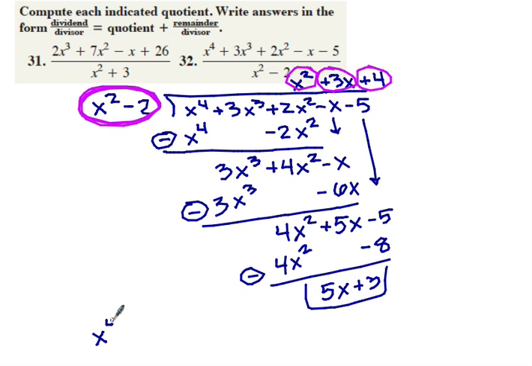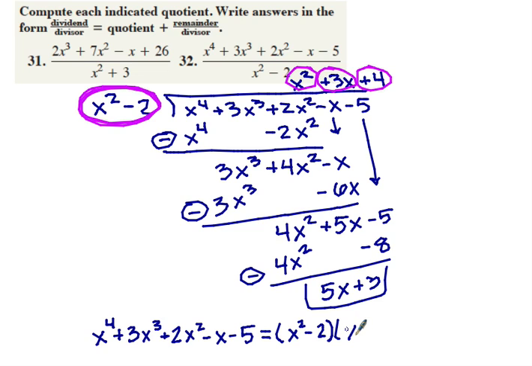So x to the 4th plus 3x cubed plus 2x squared minus x minus 5 equals our divisor, which was x squared minus 2, times our quotient, which is that thing remaining, x squared plus 3x plus 4, plus our remainder, which is 5x plus 3.